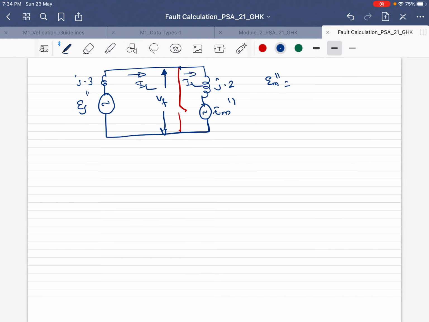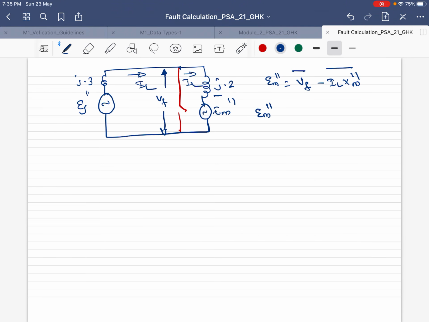This is the input voltage for the motor, if you are considering the motor side. Therefore, your EM double dash is the pre-fault voltage minus the drop in j0.2. So what I am writing here is the phasor difference of VF minus IL into XM double dash. That gives your EM double dash.